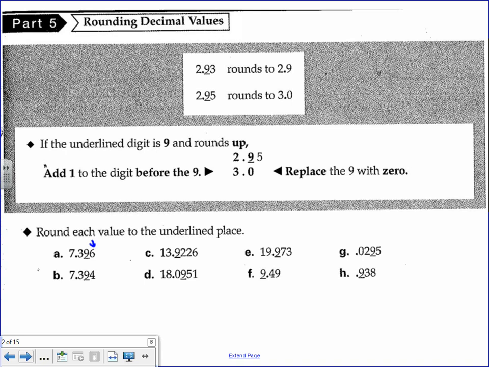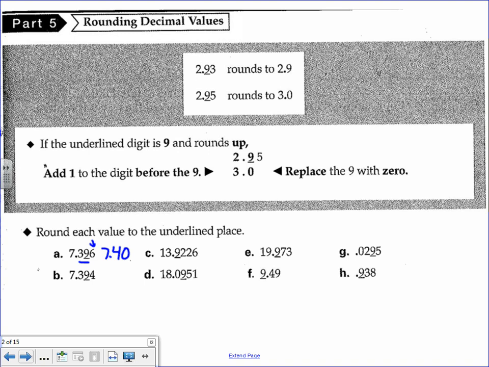So my 9 is going to become a 0, and the number to the left of the 9 goes up by 1. So it's kind of like taking 39 and making it 40 in a way, because instead of 7.39, we're going to have 7.40. Okay, you have to have a digit in the place you're rounding to.